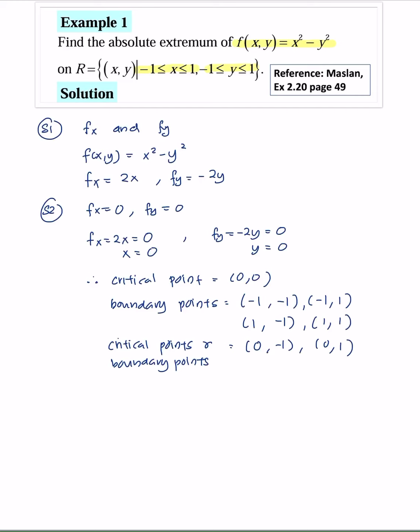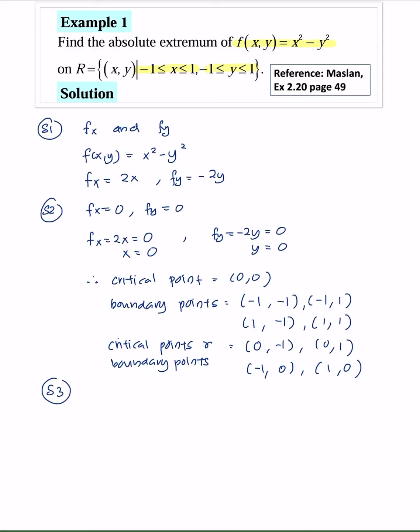And how about if y this time is 0? Then the boundary for x is minus 1 and 1. Now we need to consider f(x,y) for all the points here.